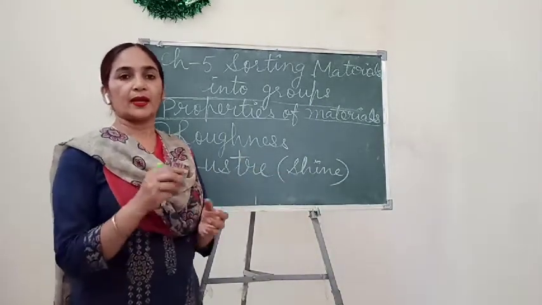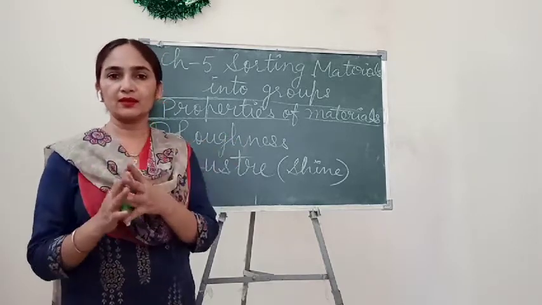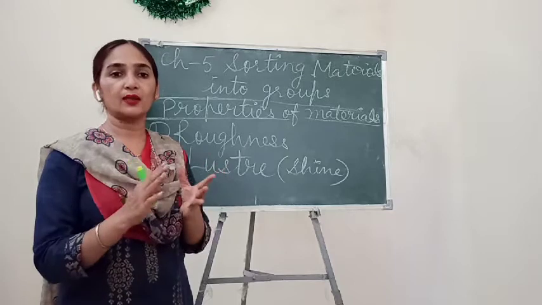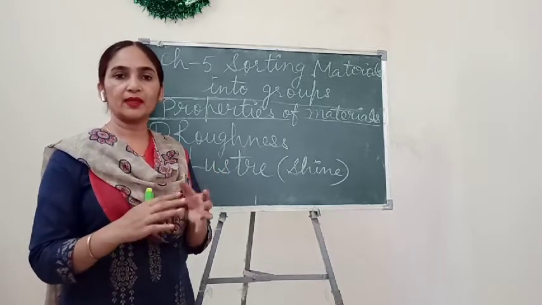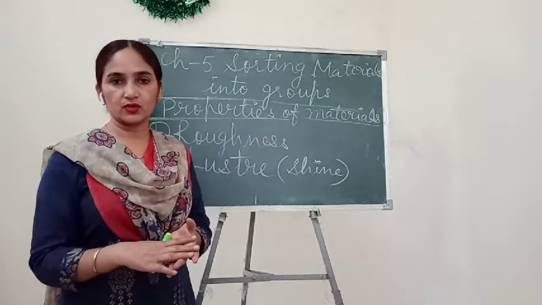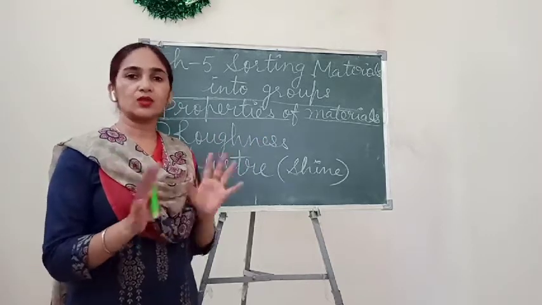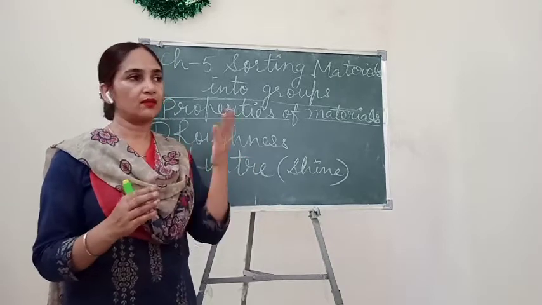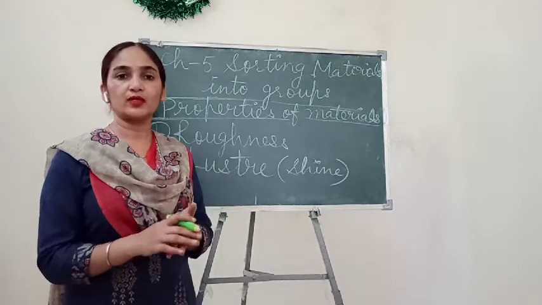Understand? And if I take the example of metals and non-metals, then also we can say that all the metals, if we clean their surface properly, rub it properly, are shiny in nature. All the metals are shiny, but non-metals are not shiny. Just like you can see wood. Wood is not shiny, so wood is not lustrous.